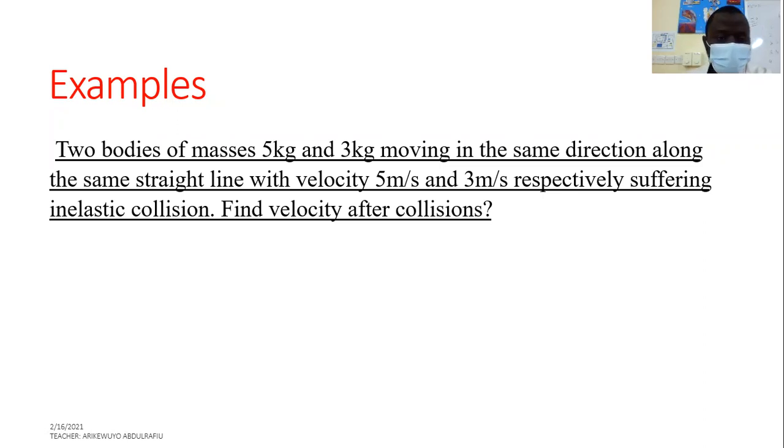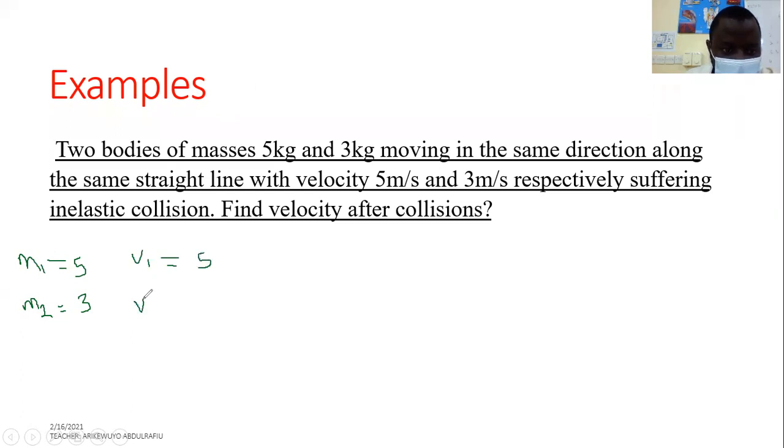So let us solve this problem. Now, two bodies of masses. So the mass of the first body, M1, is 5 kg. The mass of the second body, M2, is 3 kg. The velocity of the first body, V1, is equals to what? 5 meters per second.